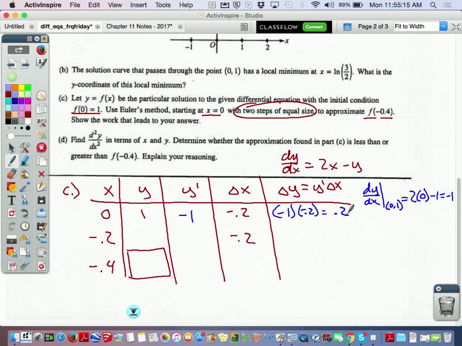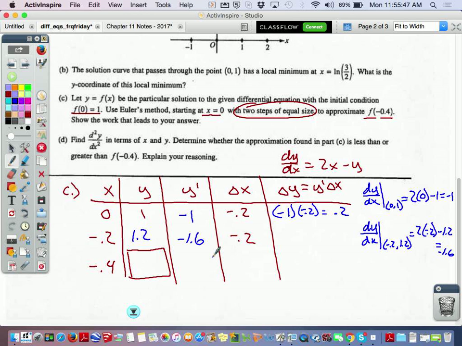That means I add 0.2 to my 1 here, and I get 1.2. Now I plug in the point negative 0.2 and 1.2 into the derivative next. dy dx at the point negative 0.2 comma 1.2, and we get 2 times negative 0.2 minus 1.2. That gives us negative 1.6.